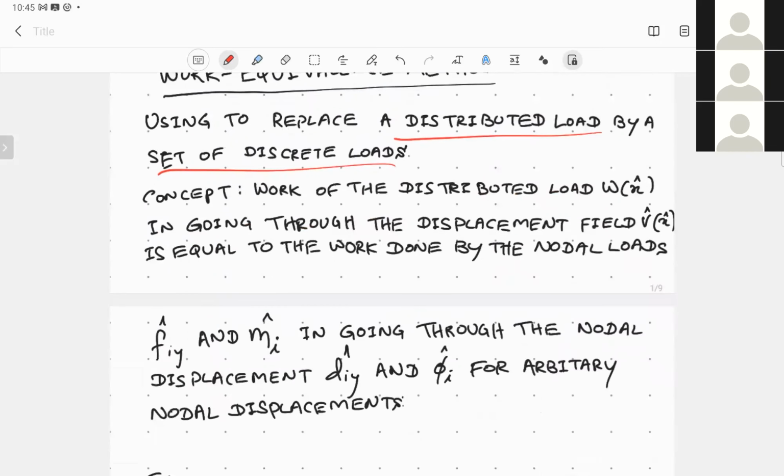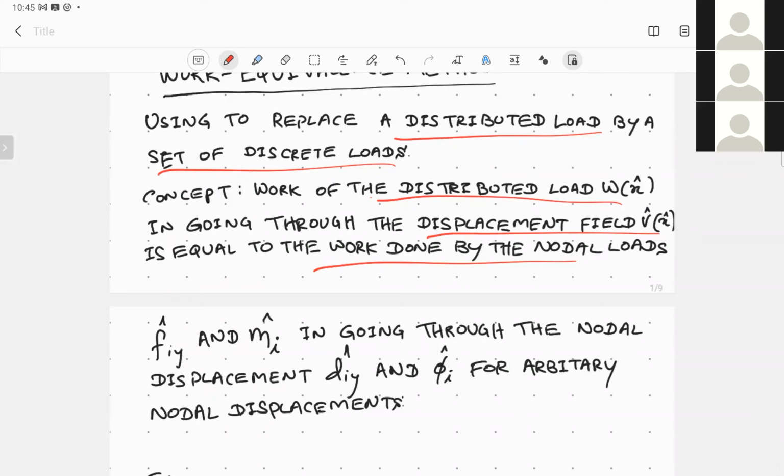So the underlying concept is the work done by the distributed load along the length or along the displacement field is equal to the work done by the nodal loads at the corresponding nodes.